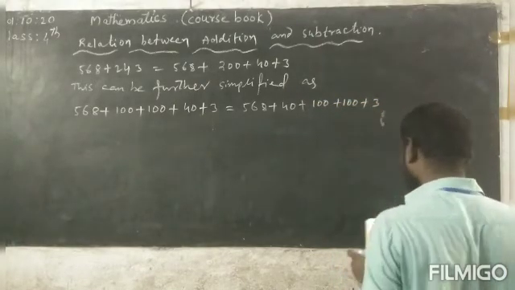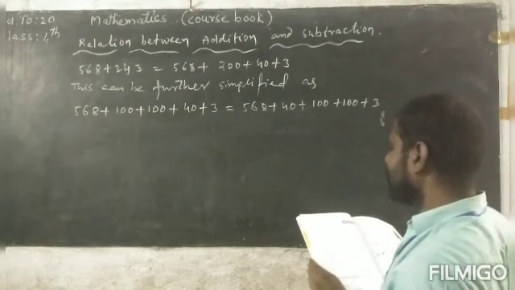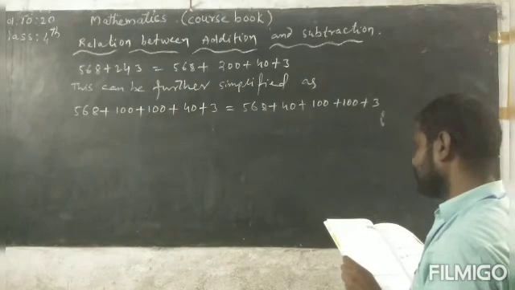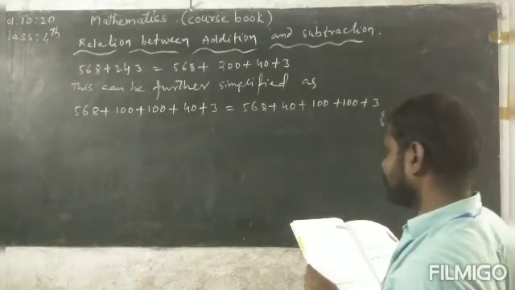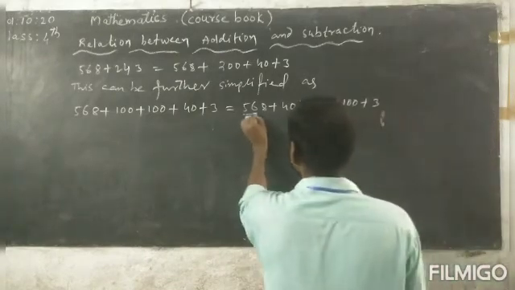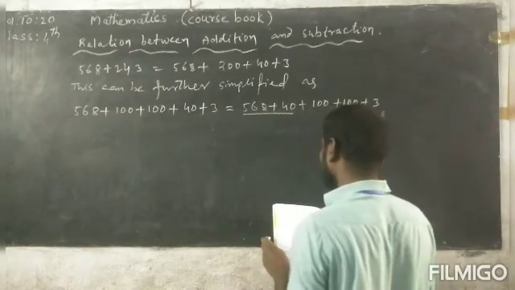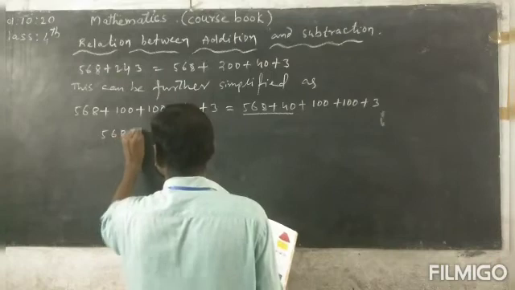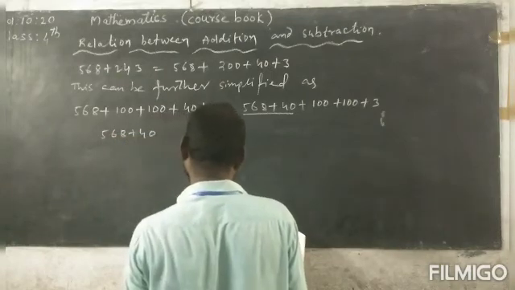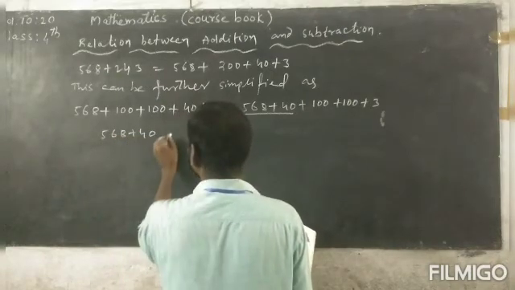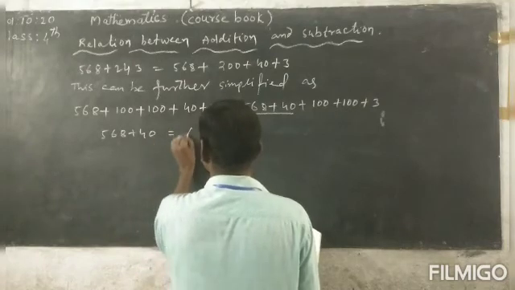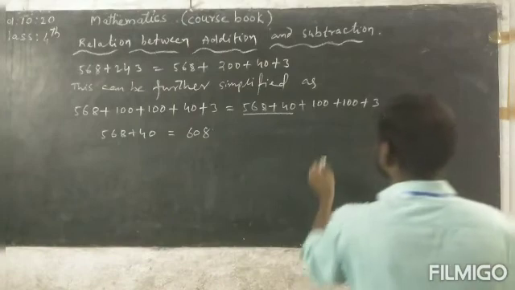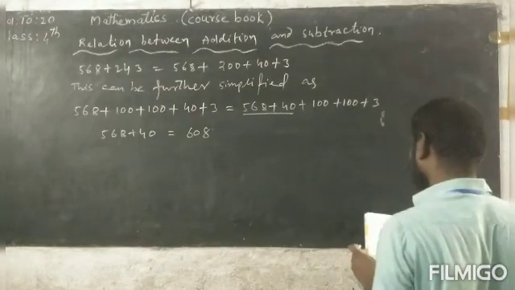See here, 568 plus 40, what do we get, beta? 608.